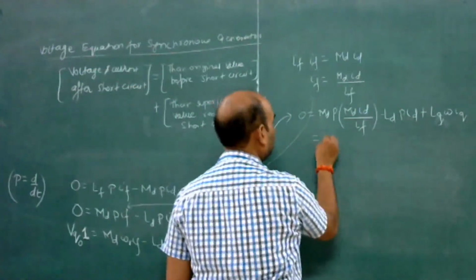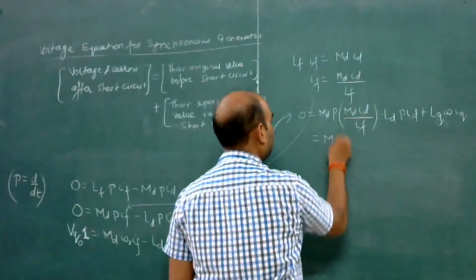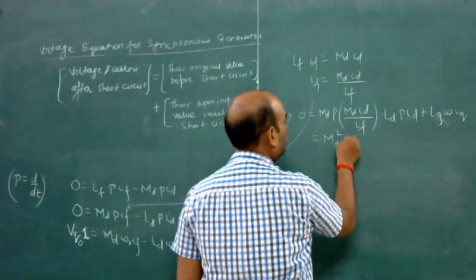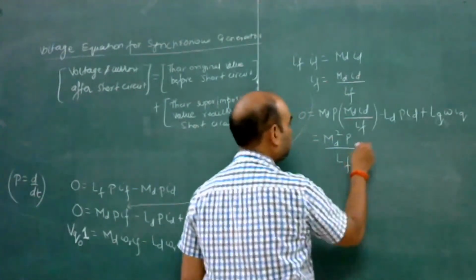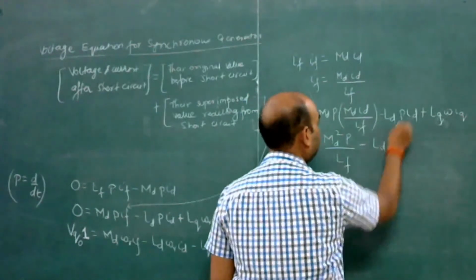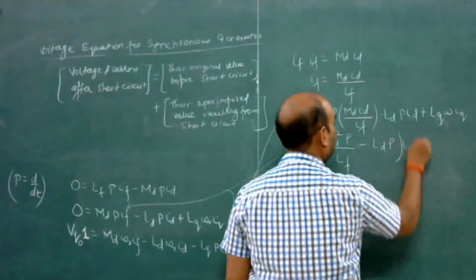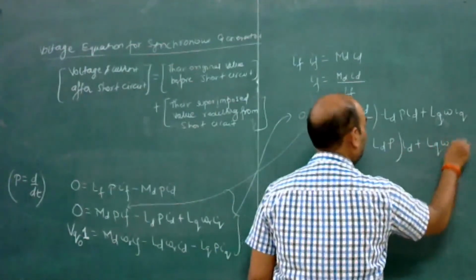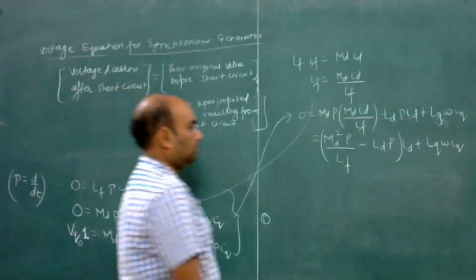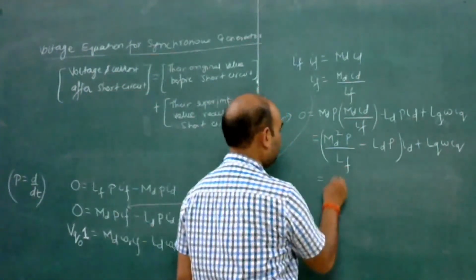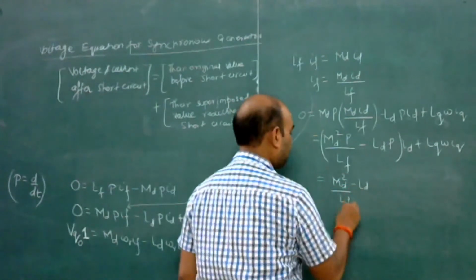We can take ID out, so this will be MD square upon LF minus LD into P into ID plus LQ omega IQ. You can take P also outside.